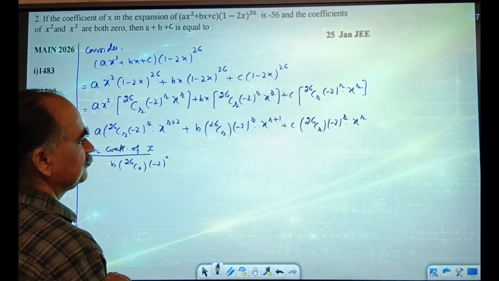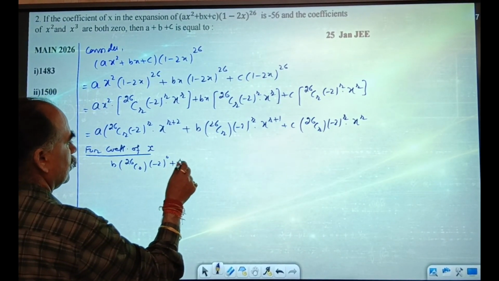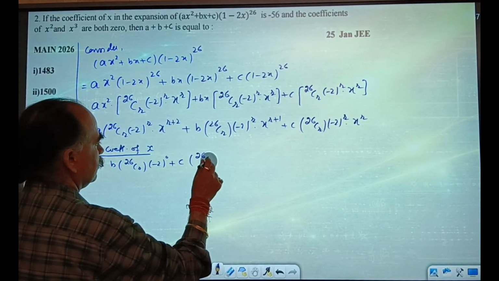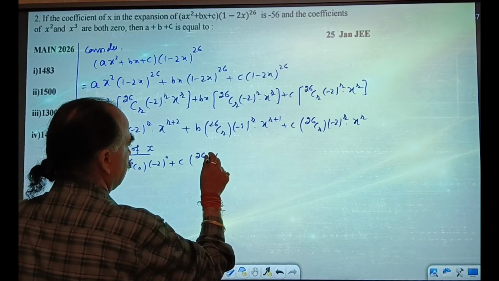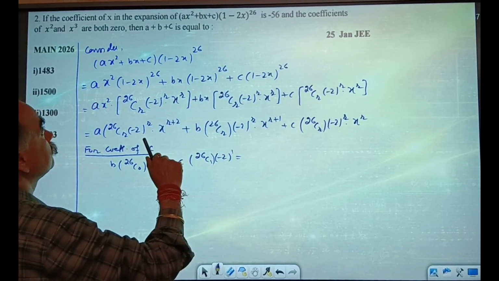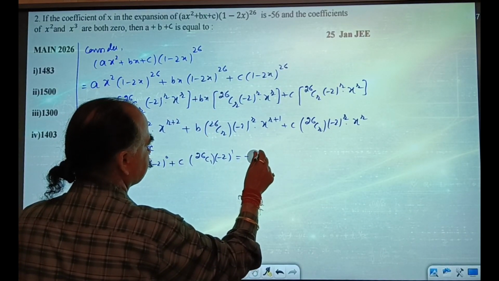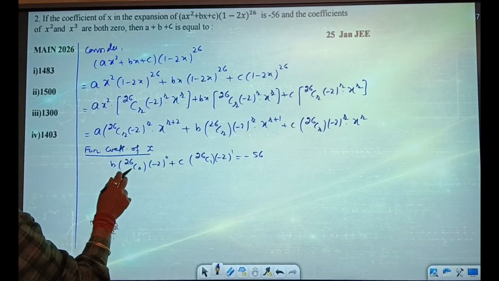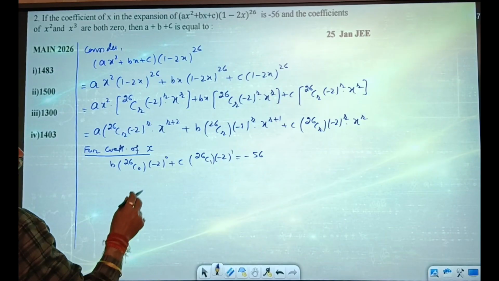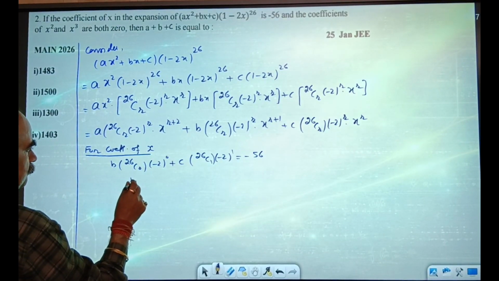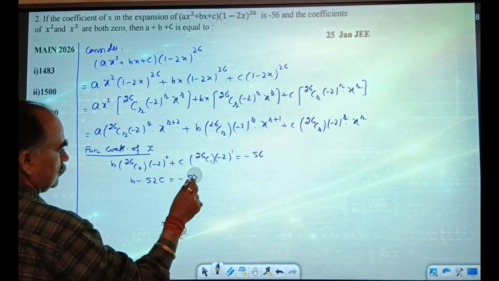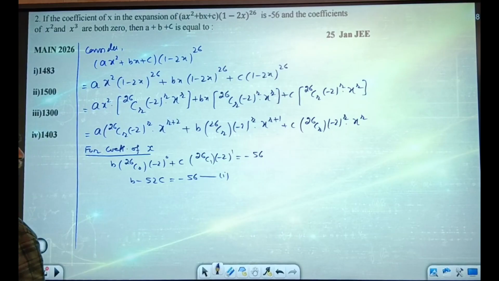And here C into, R should be 1, 26C1 (−2)^1. And the coefficient of x is −56. So 26C1 is 26, giving B plus (−52)C equals −56. This is equation number 1.